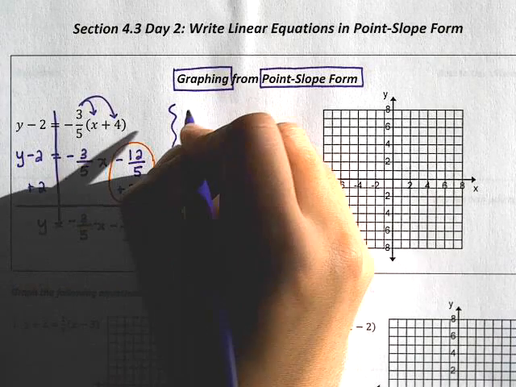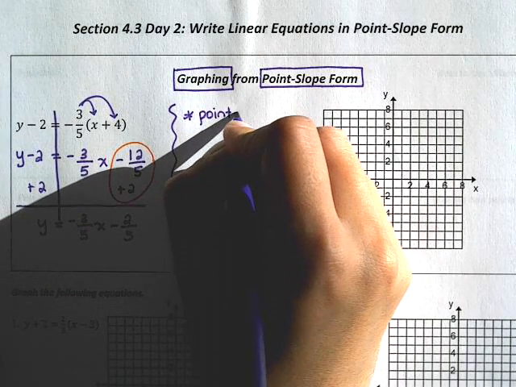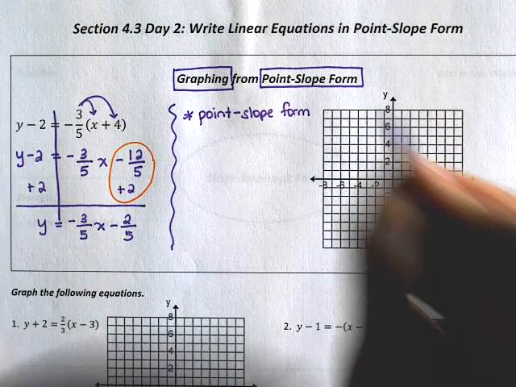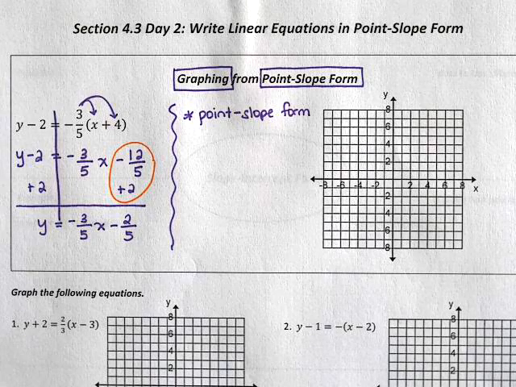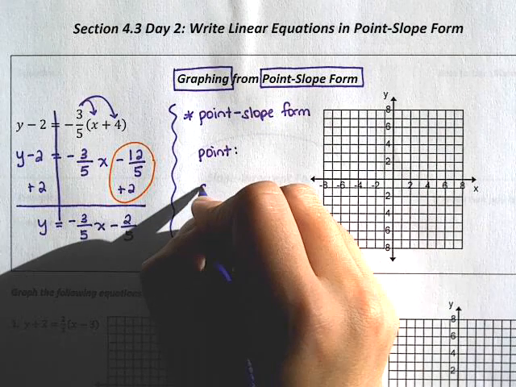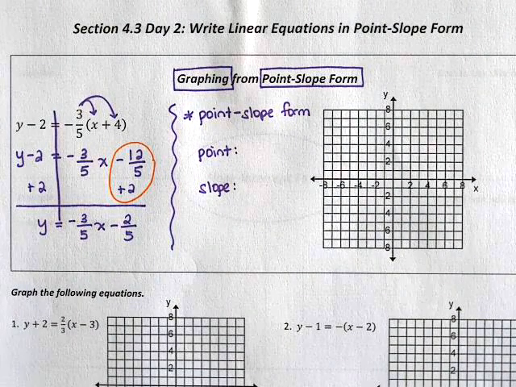I recognize that this equation is written in point slope form. So that means that if I look at this equation, I should be able to figure out a point that the line goes through and a slope.